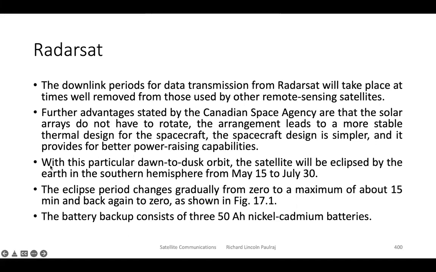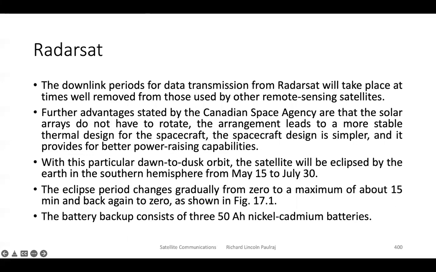So with this particular dawn to dusk orbit, the satellite will be eclipsed by the Earth in southern hemisphere from May 15 to July 30. So there's going to be a little bit of eclipse from May 15 to July 30, which is the only time where there's going to be eclipse. The eclipse period changes gradually from 0 to a maximum of about 15 minutes and then back to 0.